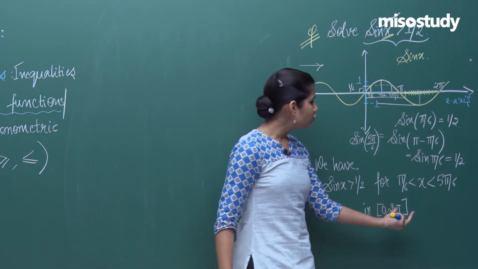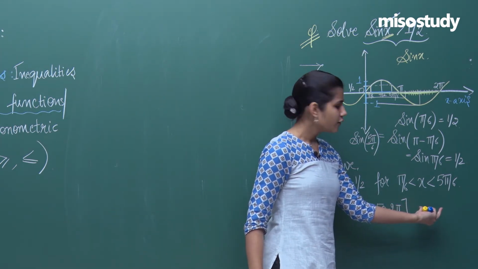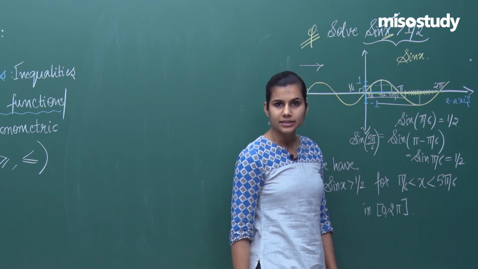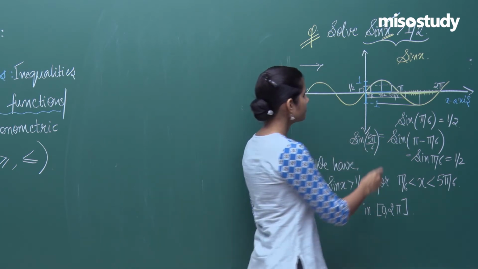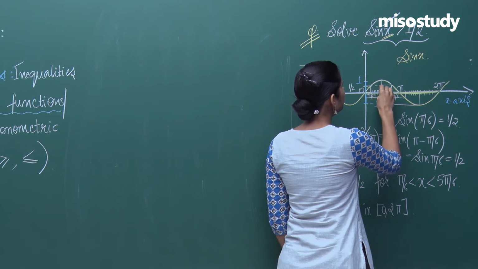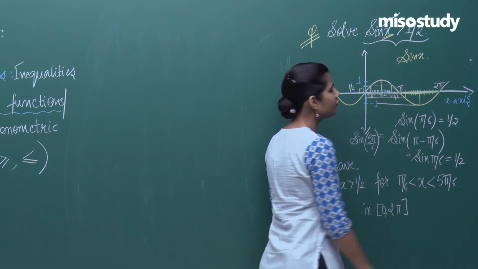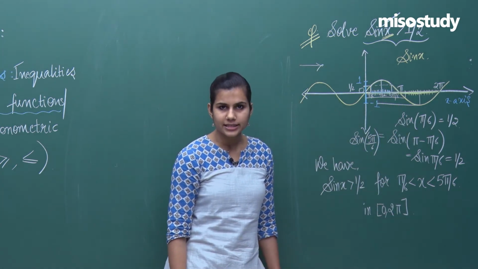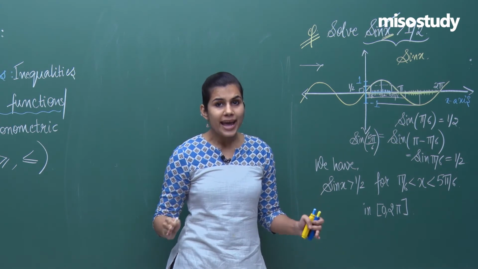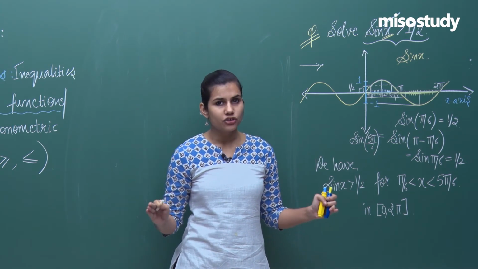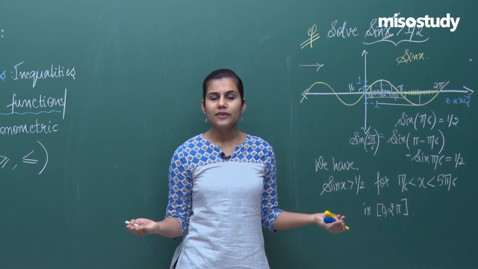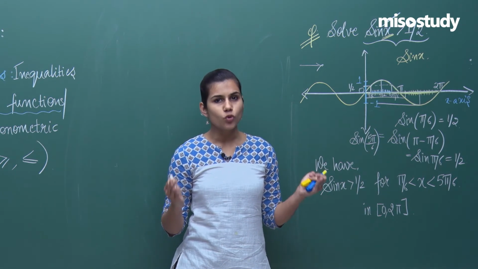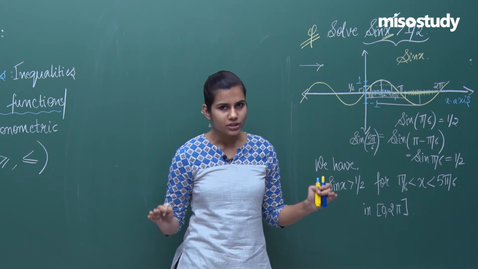We know the solution in one interval is from pi by 6 to 5 pi by 6. What I do is, to every member of this interval from pi by 6 to 5 pi by 6, I add 2n pi, where n belongs to the collection of all integers. And what I will obtain is the entire solution set.